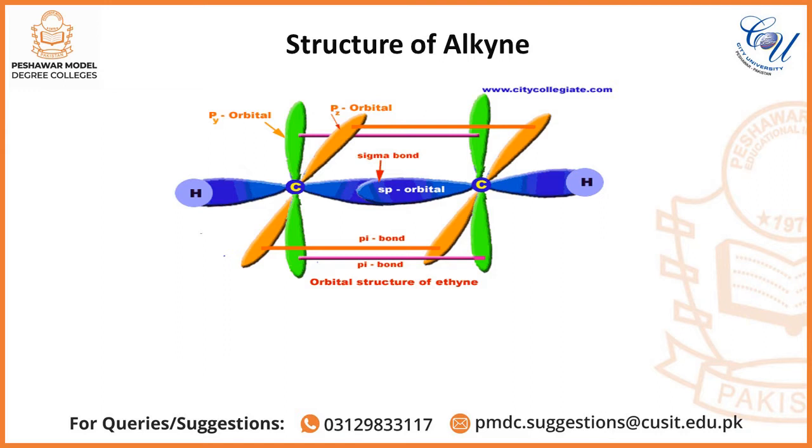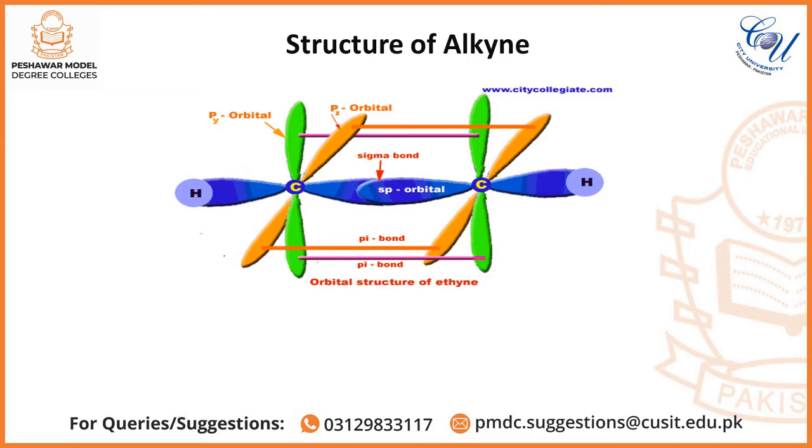Each carbon atom also has two unhybridized p orbitals, and these two unhybridized p orbitals lie perpendicular to each other and to the plane in which the hybrid orbitals lie. These two unhybridized orbitals, like py and pz orbitals, are indicated by green and orange color.